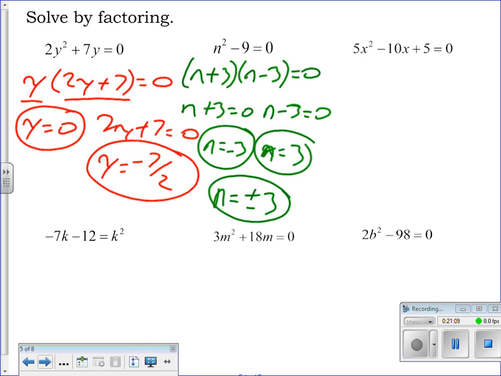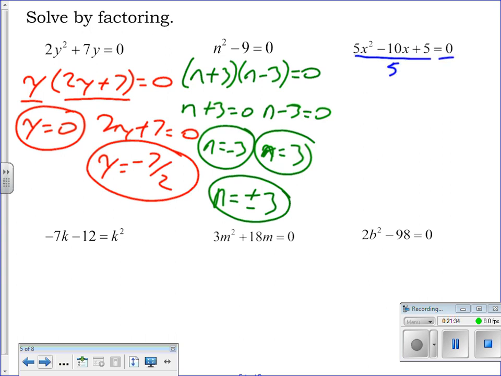The next one is also unique. Okay. I have a common factor. What is my common factor? 5. Do I have a variable that is a common factor? No. So if I have a common factor that is a constant, this is actually really nice to do.